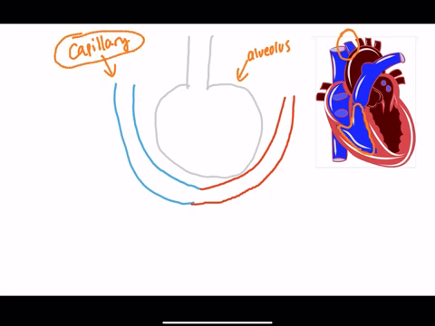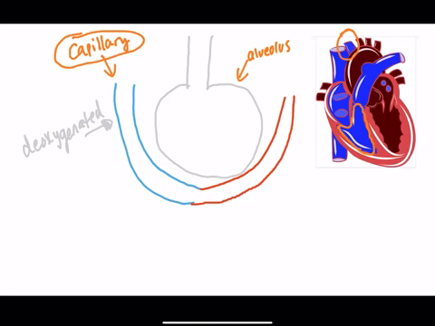That's why I represented it as blue, because blue represents deoxygenated blood. So this blue is a capillary carrying deoxygenated blood, wanting it to be oxygenated.